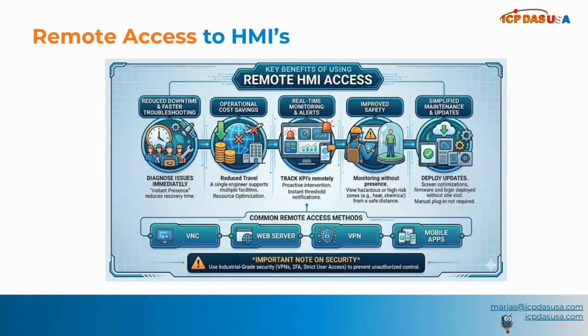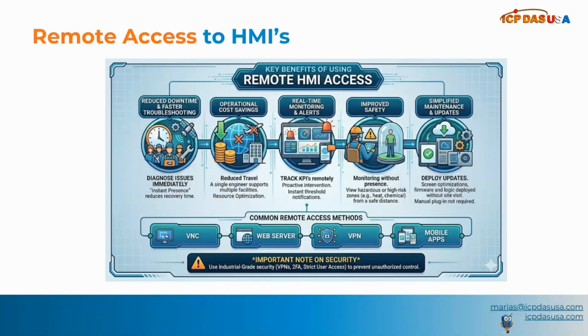Operators can track production and receive instant alerts to intervene before problems escalate, all while monitoring hazardous zones from a safe distance. Additionally, it streamlines maintenance, allows for firmware and screen updates to be deployed without the need for physical site visits.